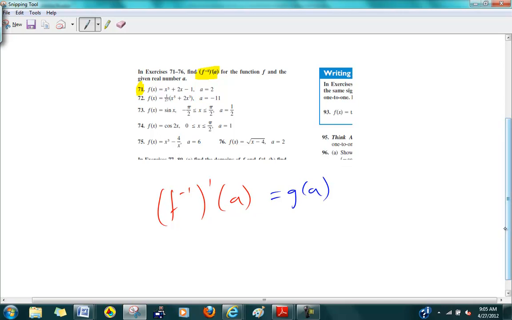So would you agree that a is the x-coordinate of g? From this is what it means. A is the x-coordinate of g. So what will it be for f? We just did this. It'll be the y-coordinate of f, right? Didn't we just agree a few minutes ago that the x of one is the y of the other?